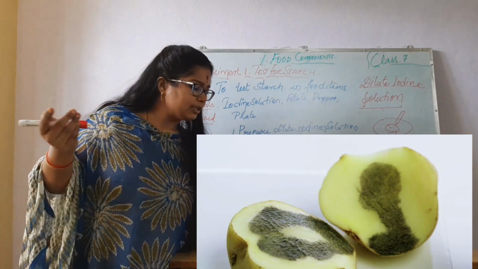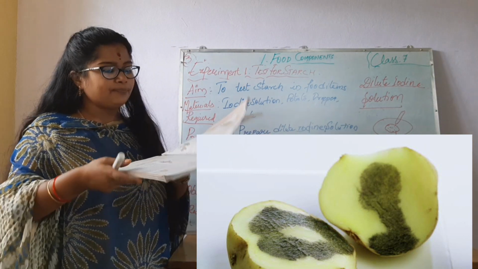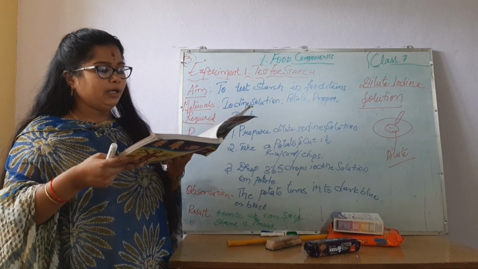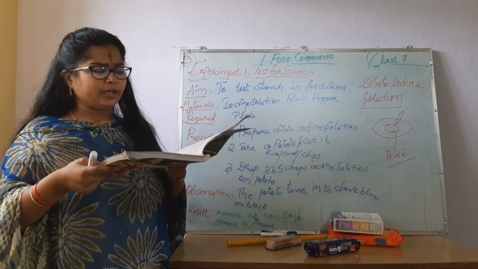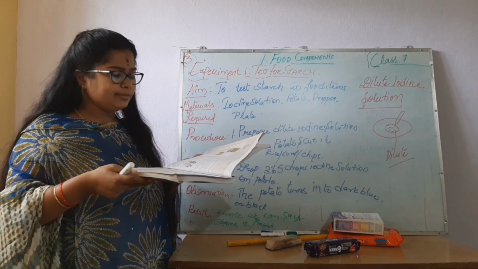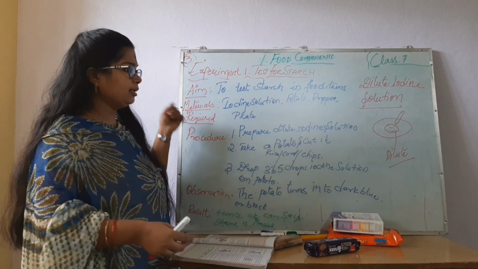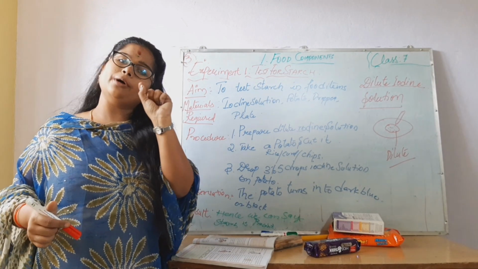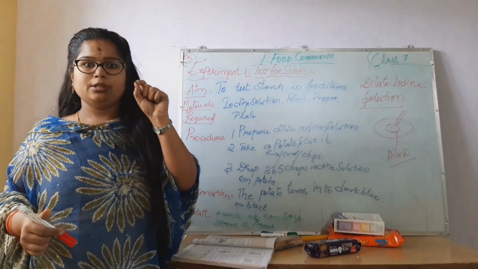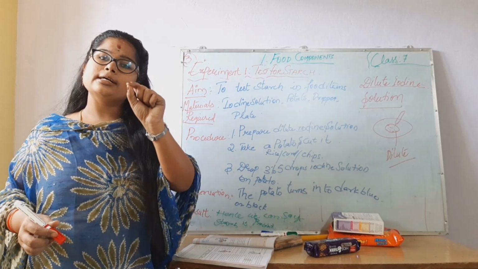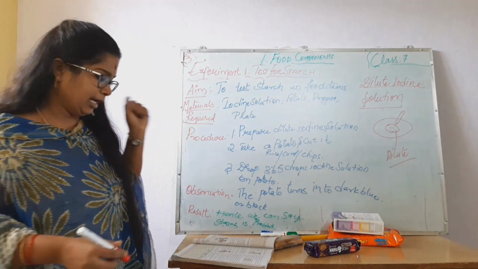So I'll read out the experiment from the textbook once. Preparation of dilute iodine solution: take a test tube or a cup, add 2 drops of iodine solution to it. Then dilute it with water till it becomes light yellow or brown in color. That shows it has become diluted.